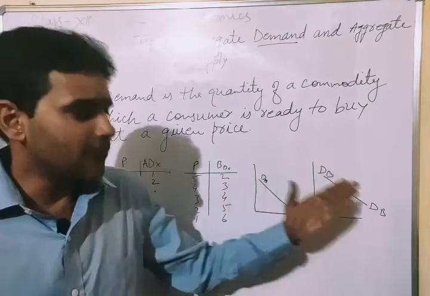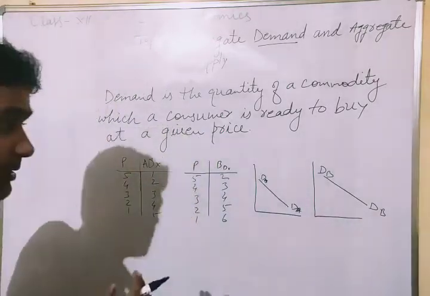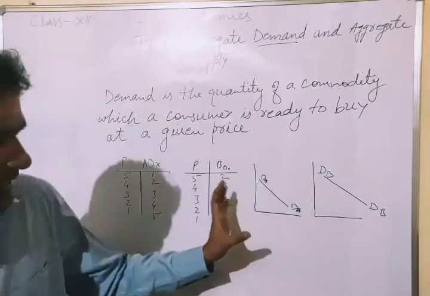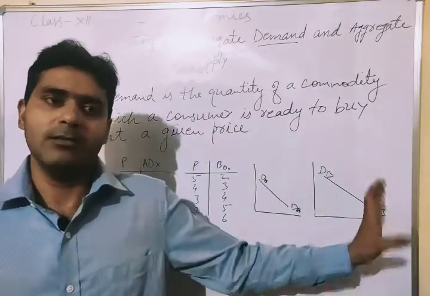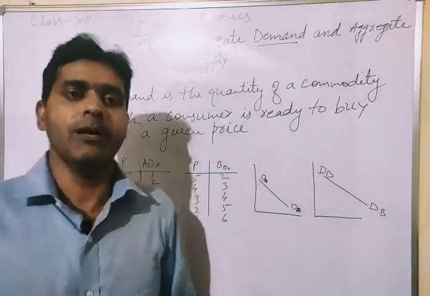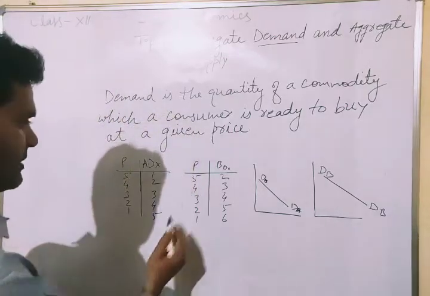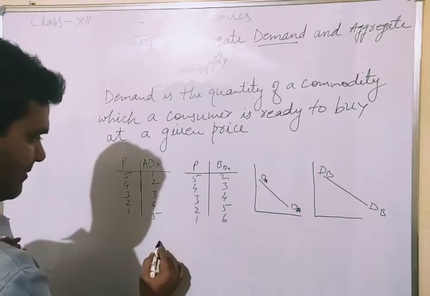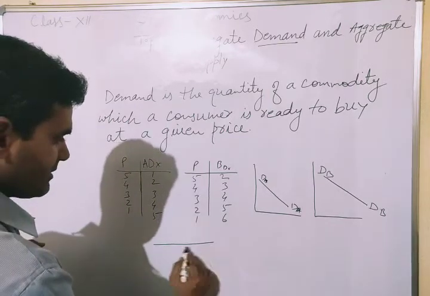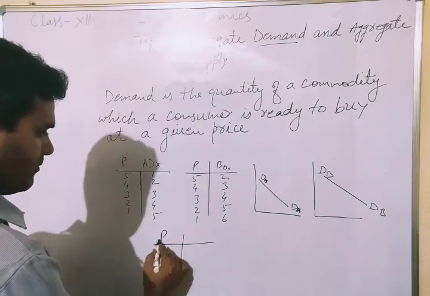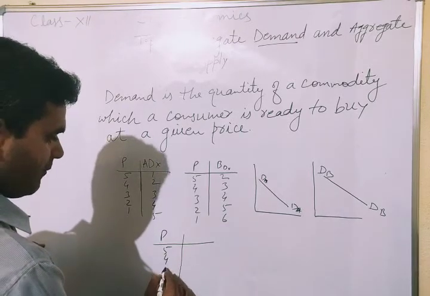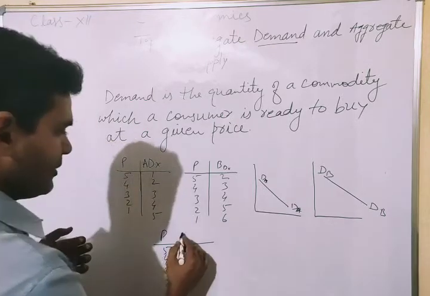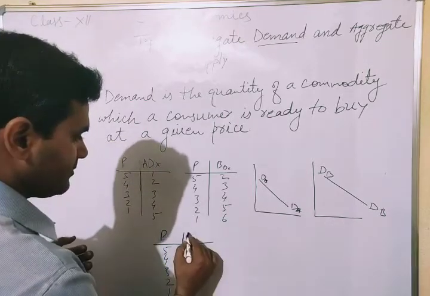Now we move forward and make the market demand. What was the market demand? When we add these individuals' demand together, we get the market demand. So we make a table: price 5, 4, 3, 2, 1, and then we add the two demands together.